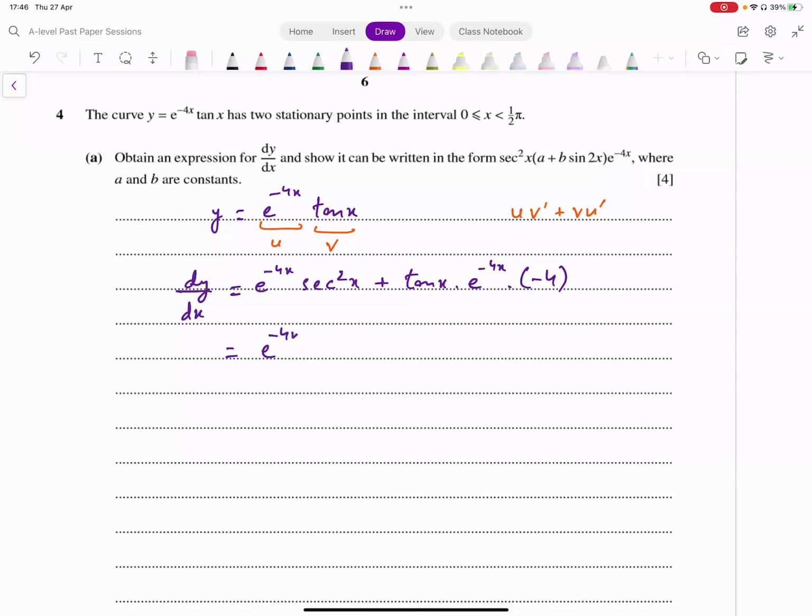It becomes e raised to power minus 4x into secant square x plus, or in fact minus, because we have minus 4 here. तो अब यहाँ पे क्या करोगे? minus 4 लिखोगे into tan x, with e raised to power minus 4x common outside. This is what we have now.